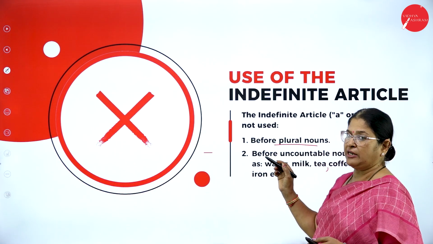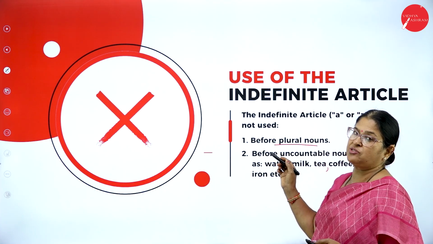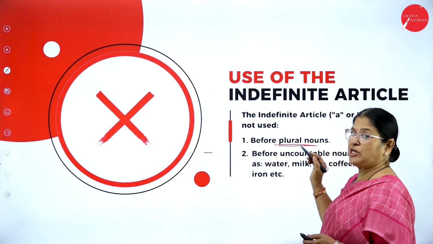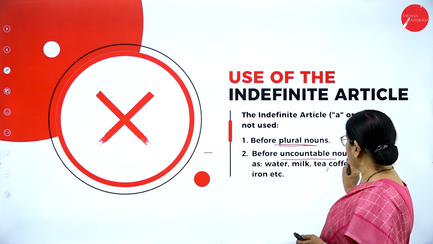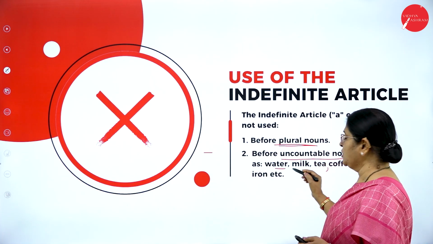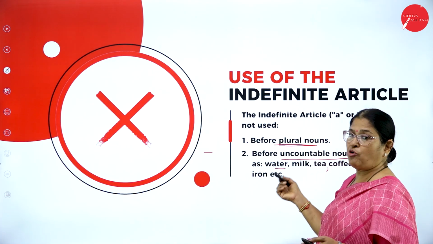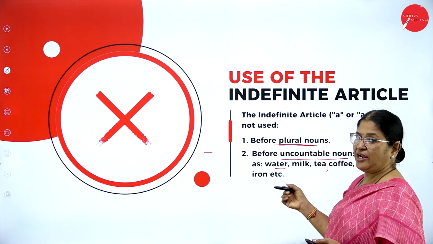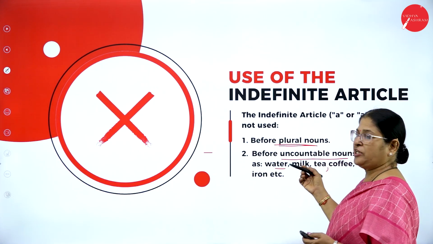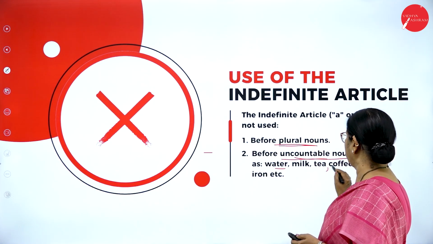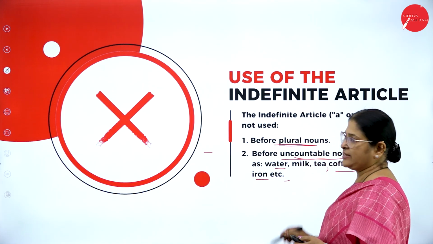A plural noun is a word that refers to more than one person, place or thing. Before uncountable nouns such as water, you cannot use a or an. A water, a milk, a tea, a coffee, no. You cannot count water. So this is uncountable. Wood, iron, etc.